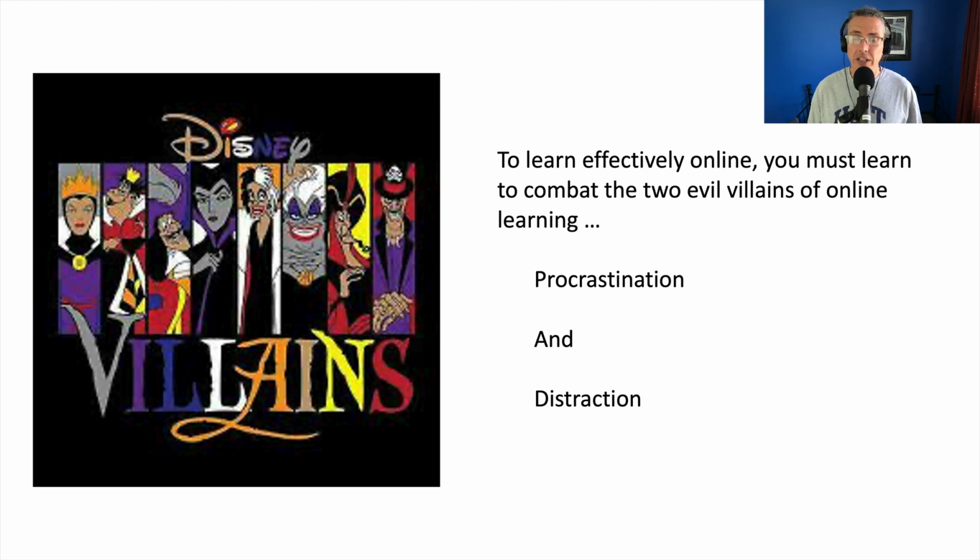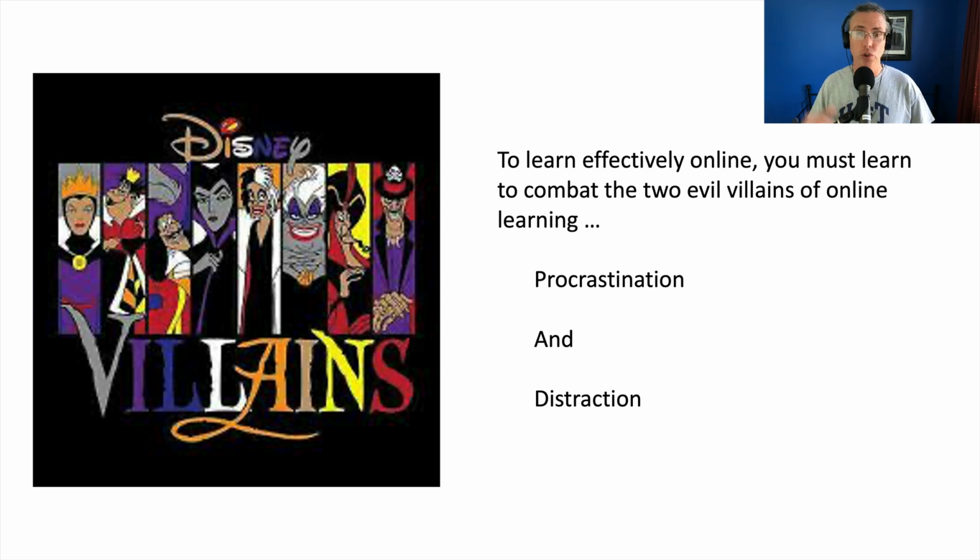To learn effectively online, you have to first of all understand that there are two villains. I got the Disney villains here just to show a bunch of villains, but there are two things that stand in your way, and they are procrastination and distraction. You have to first of all get around to actually doing the work. And then once you start doing the work, you want to focus on that work.